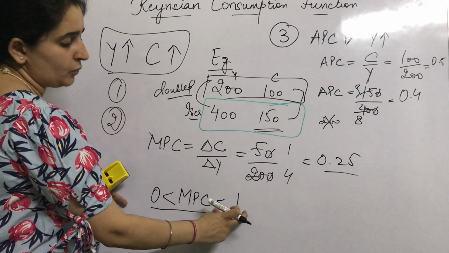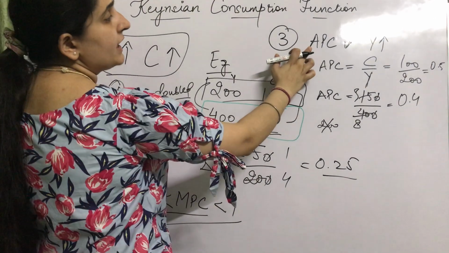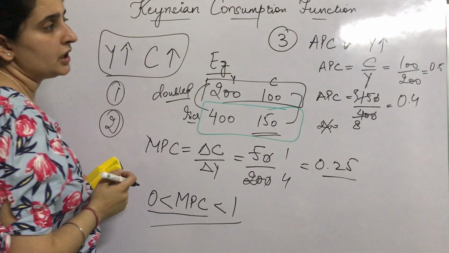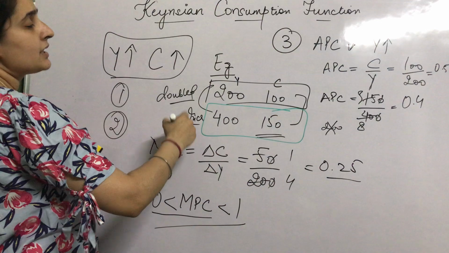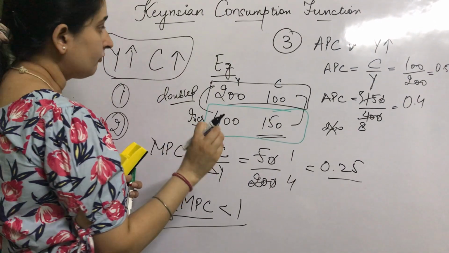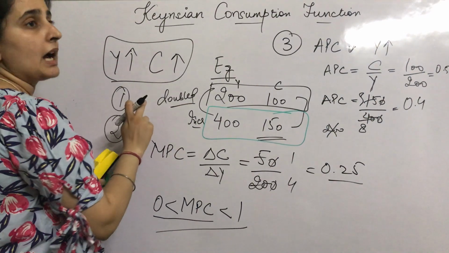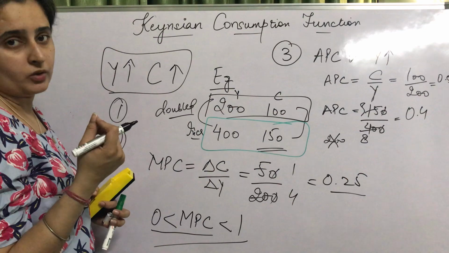That's why this ratio cannot be equal to 1. That is a major reason. And thirdly, APC and income have an inverse relation. So these are the 3 things that he first discussed, and this is called the Keynes psychological law of consumption.